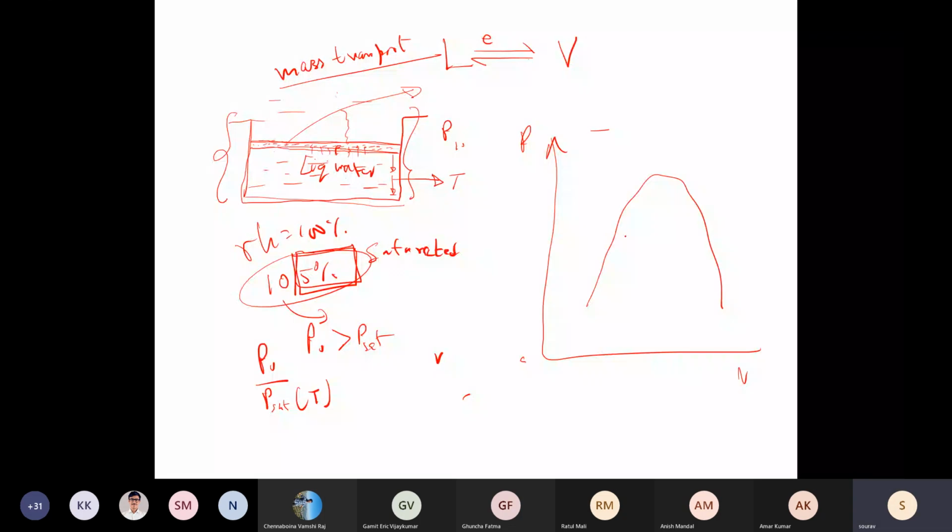Okay, this is liquid, liquid plus vapor, and vapor. So let's put some numbers. Let's say temperature is 30 degree. Correspondingly, the PSAT is around, I think 4 kPa or 3.5 kPa. Or let's assume 4 kPa. Okay.